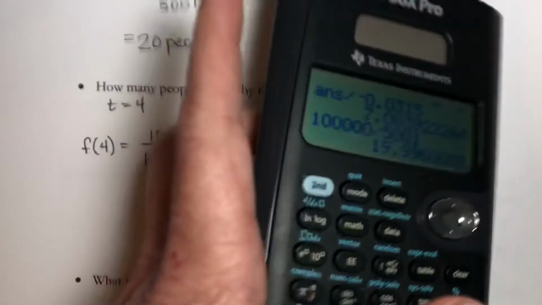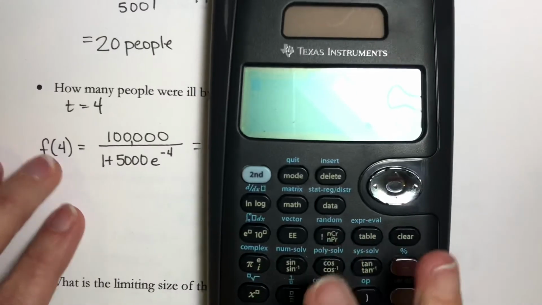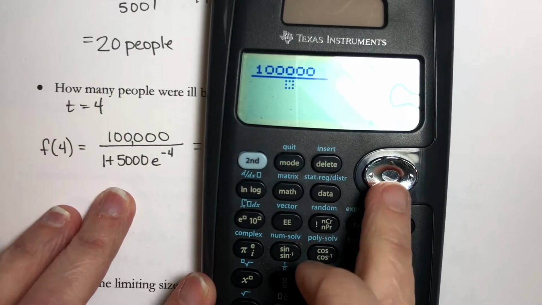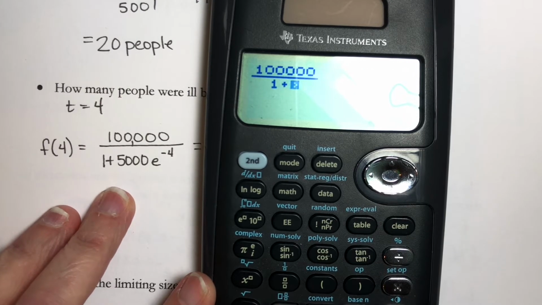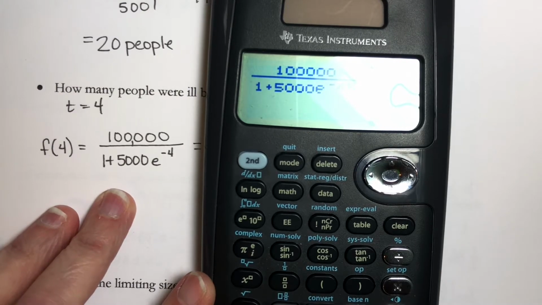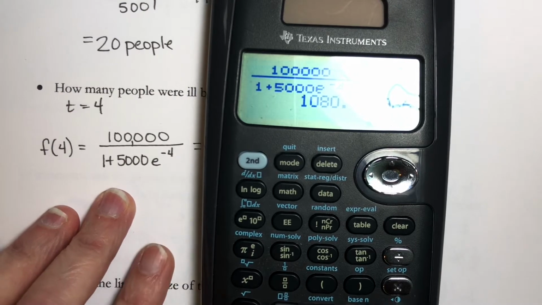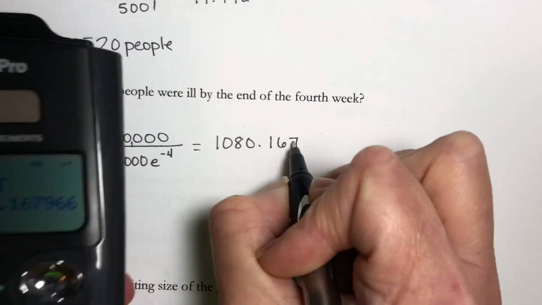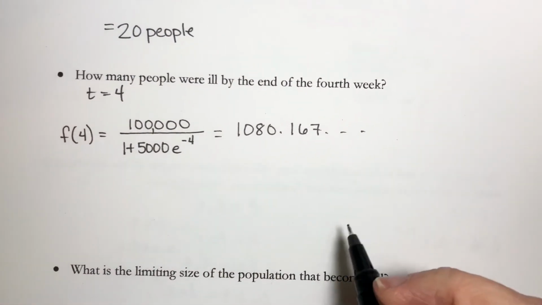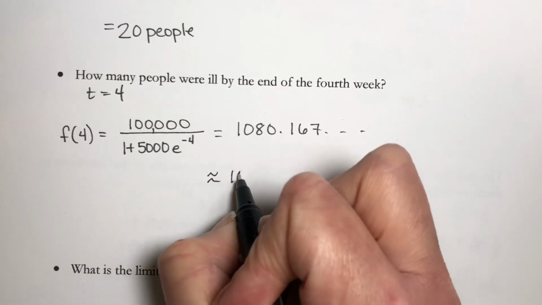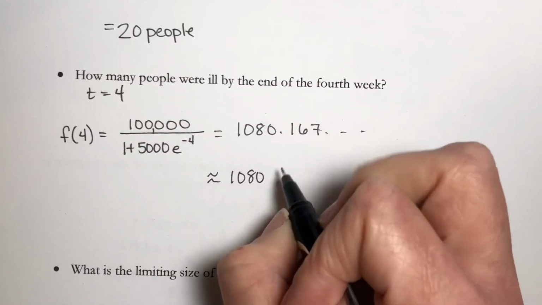I'm going to be very careful and enter all of this in the calculator. 100,000 over 1 plus 5,000 e to the negative 4. I have about 1080.167, and so on. We're supposed to round to the nearest whole number, so approximately 1,080 people.